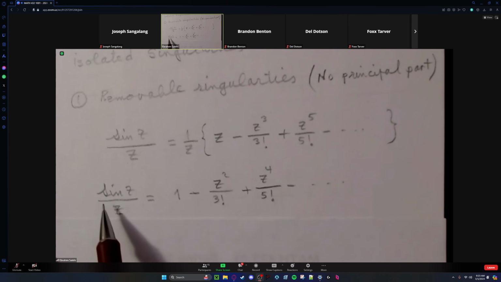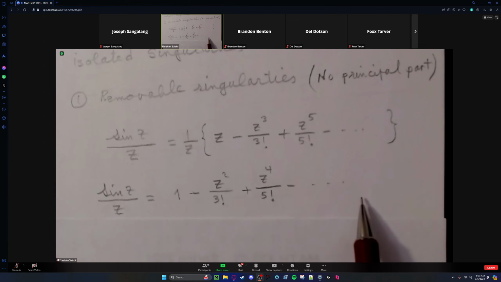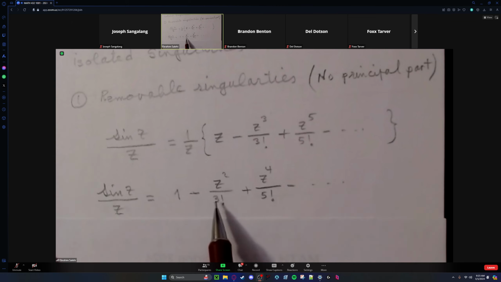So this function, after writing its Laurent series, doesn't have any negative exponent of z. This type of thing is called a removable singularity.